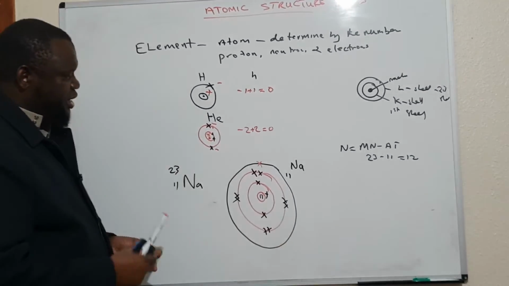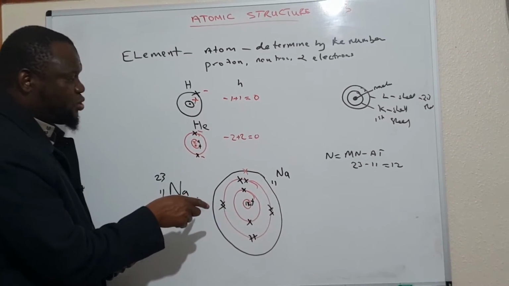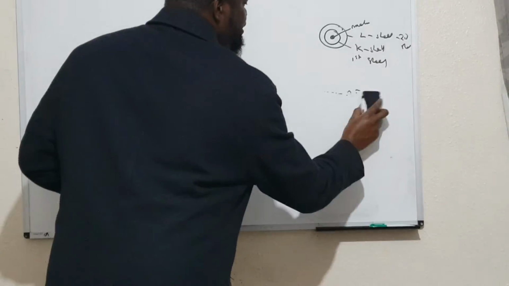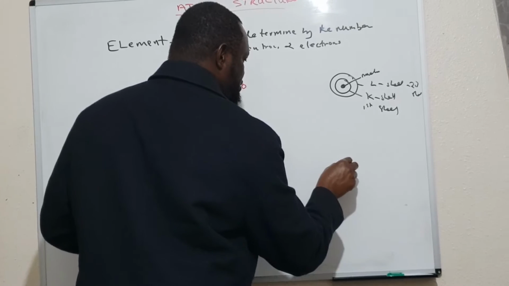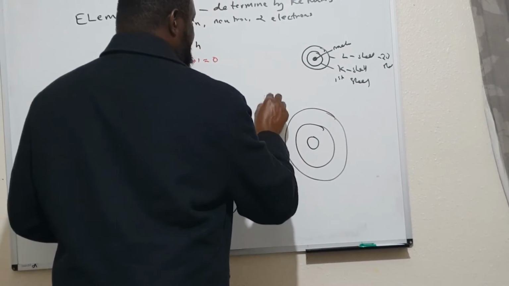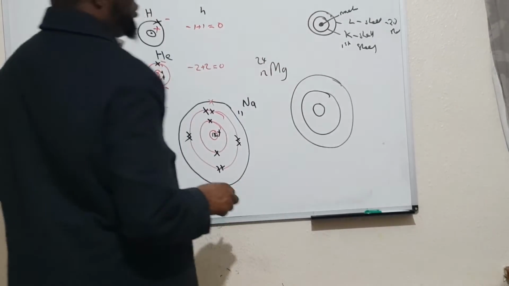Yes. If this becomes 12, we will not call this sodium now. We will call it magnesium. So therefore, magnesium, which has 12 protons, okay, 1, 2, 3 in it. It's called magnesium in it. 24, 12. Okay?